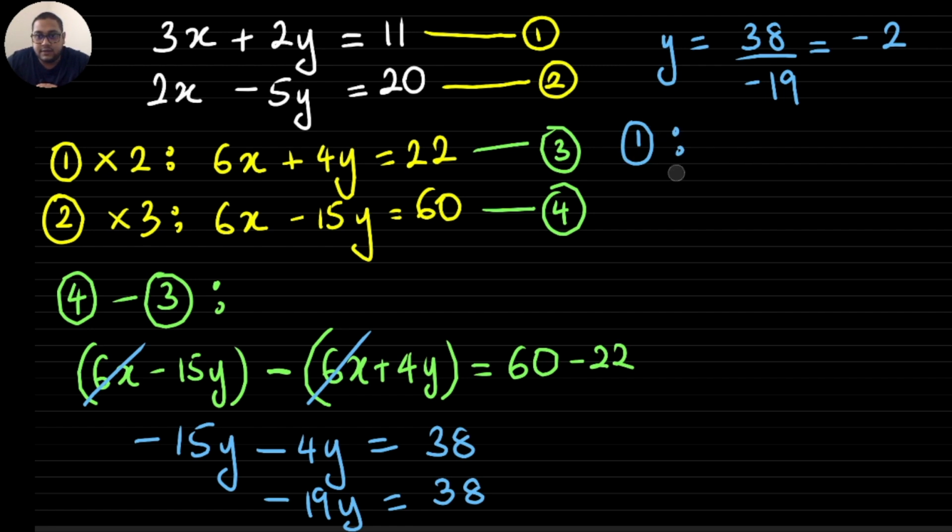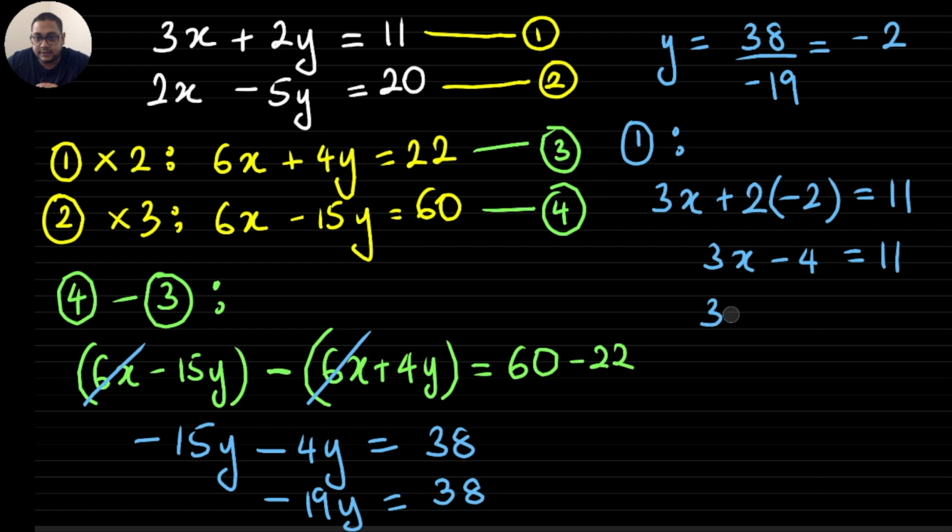So we have 3x plus 2 times y. y is now equal to negative 2, equals 11. 3x minus 4 equals 11. And 3x equals 11 plus 4, that will be 15.